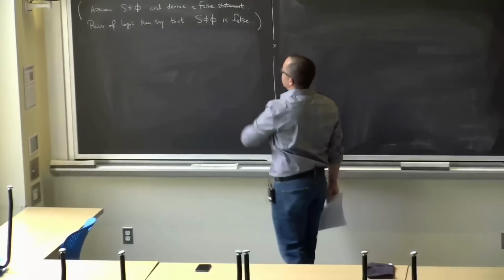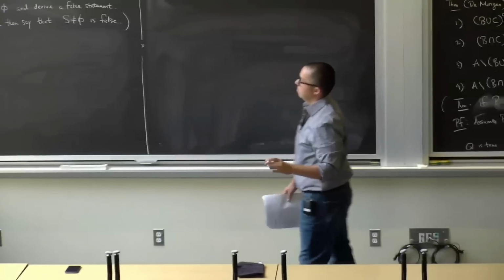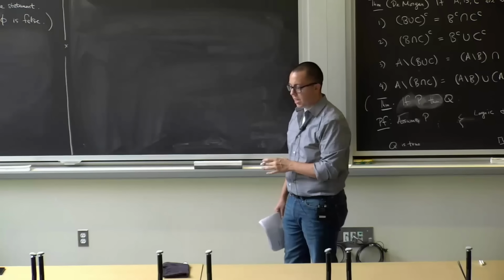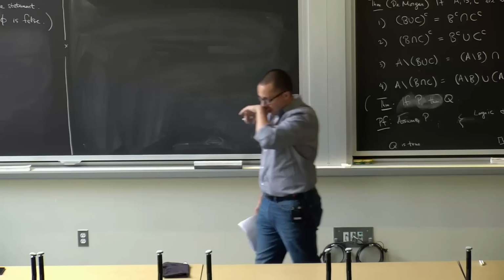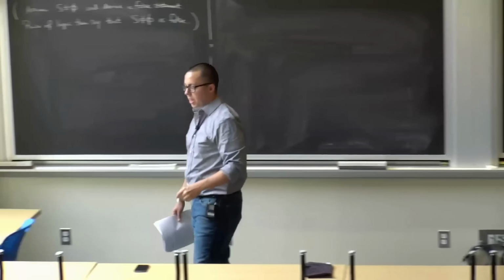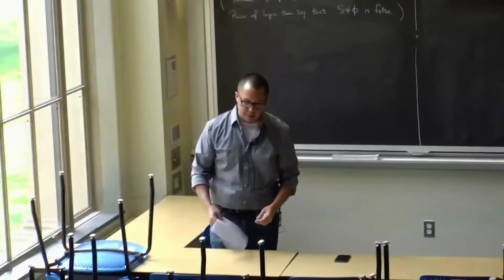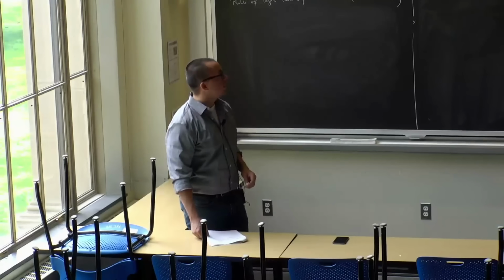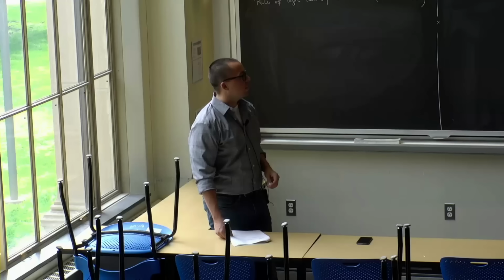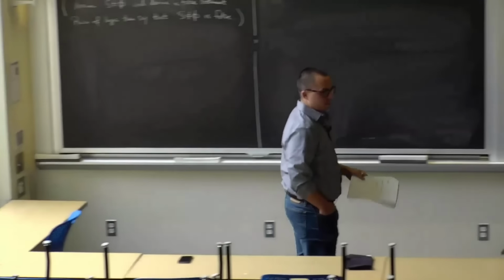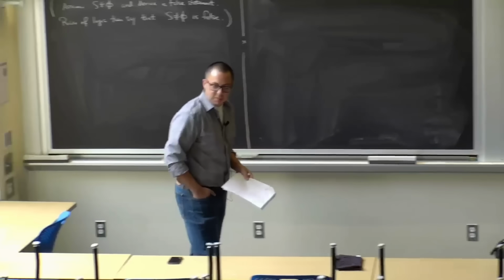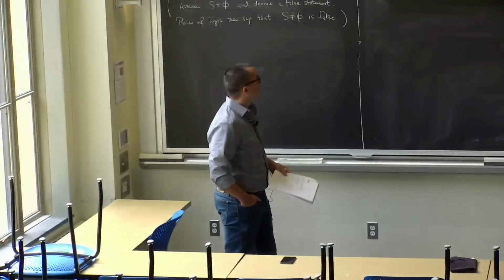So rules of logic meaning I cannot start from a true assumption and derive in a logically consistent way a false statement. That is, if we believe that the rules of logic we're using are consistent, which is a little bit hairy to talk about, but for our purposes of our class, you can believe me, or at least accept, that the rules of logic we're going to use are consistent and sound.